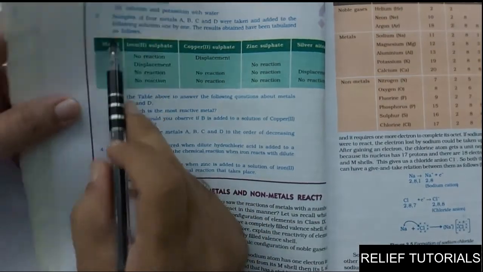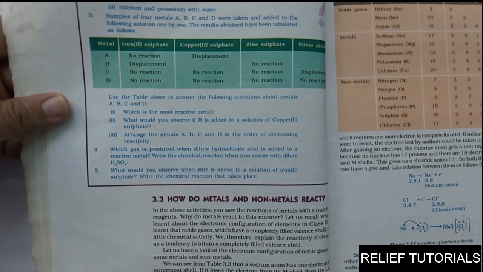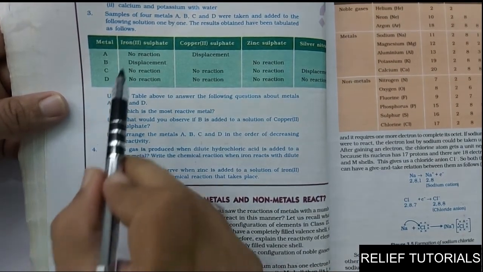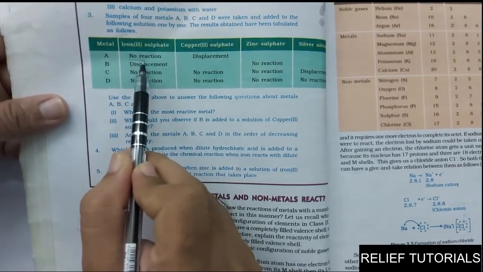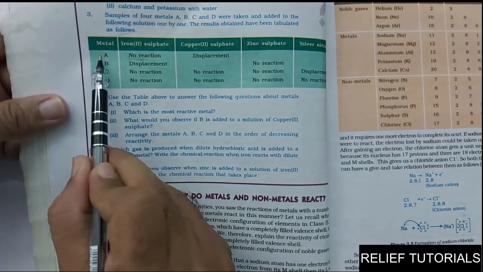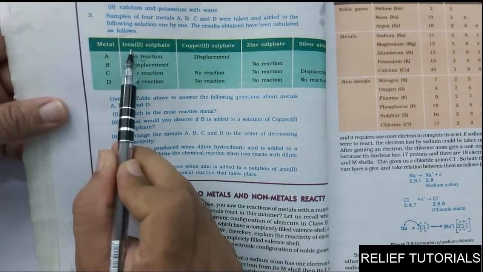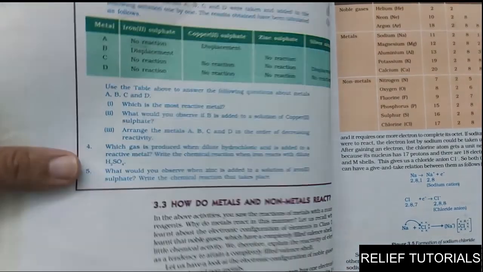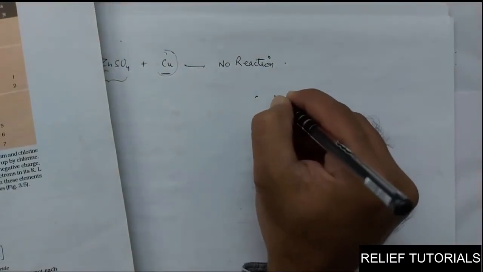So here in the first observation, when metal A is added to iron sulfate, no reaction occurs. So it means A is less reactive than iron. One observation. Let us note down the observations.